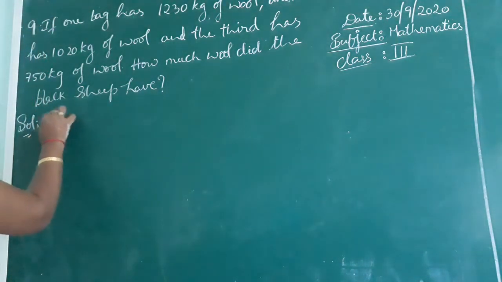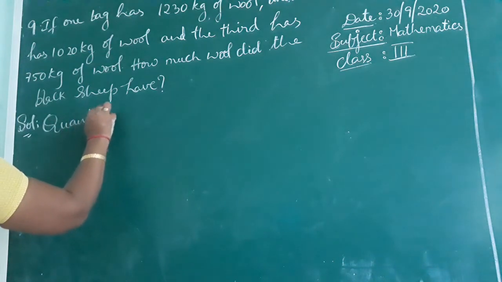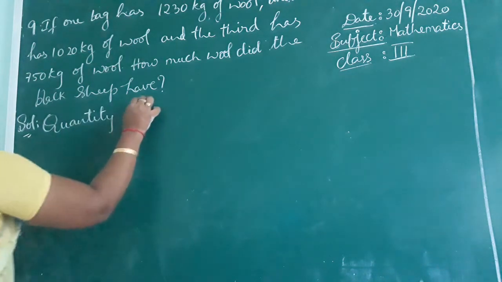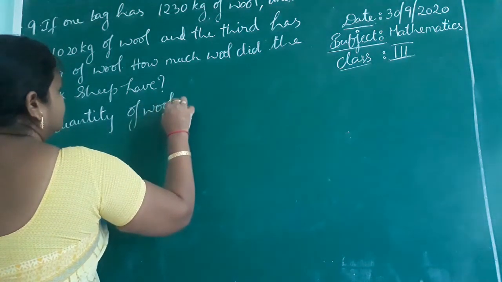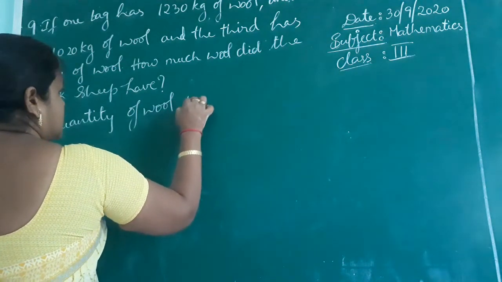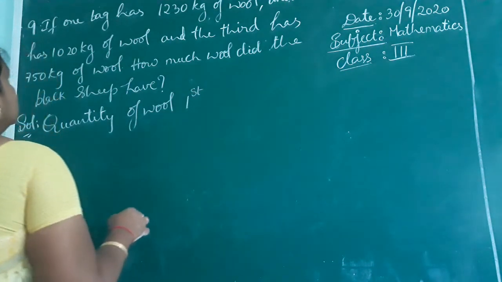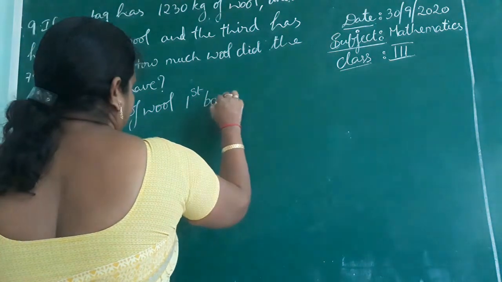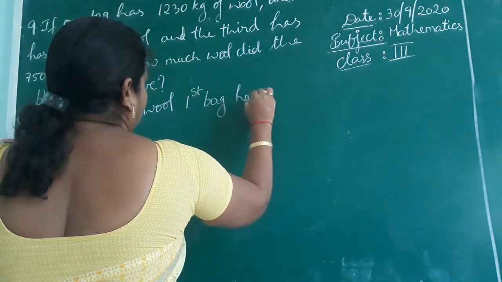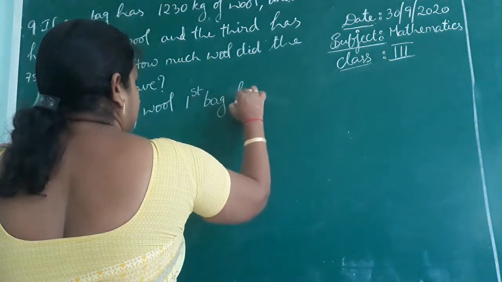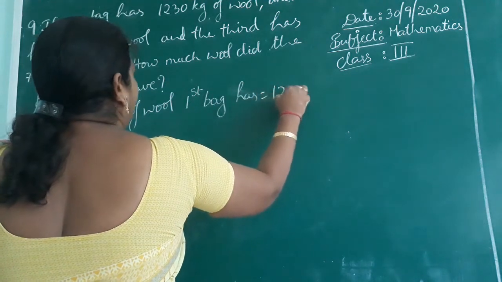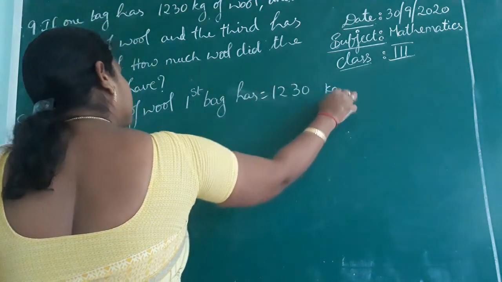Quantity of wool. First bag has 1230 kg.